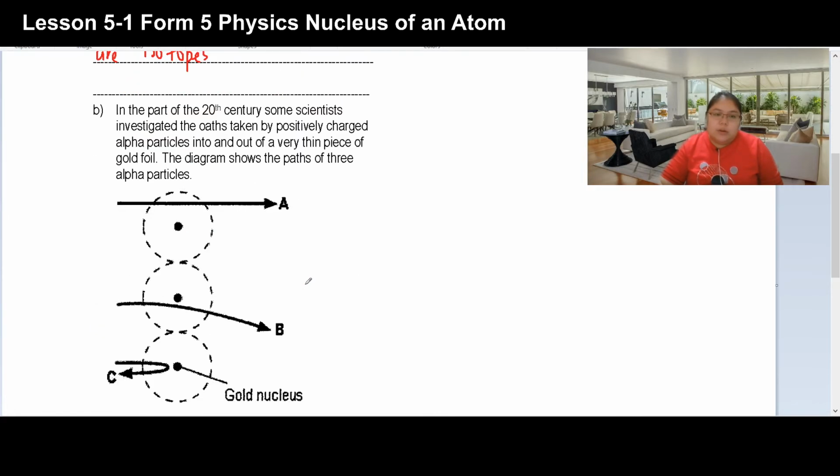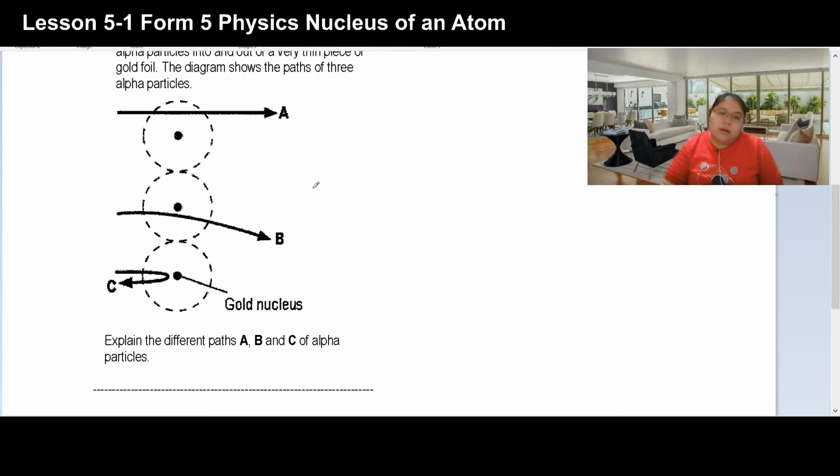Okay, last, in the early part of the 20th century, the scientists investigated the paths taken by positively charged alpha particles into and out of a thin piece of gold foil. So now the diagram shows the path of three alpha particles. Okay, let's see the paths.